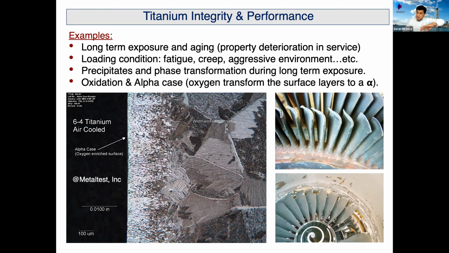For long-term exposure, you will face phase transformation, precipitate formation like alpha 2, and also oxidation. Oxygen will come in and stabilize the surface into alpha case, which is much softer and much more susceptible to fatigue.